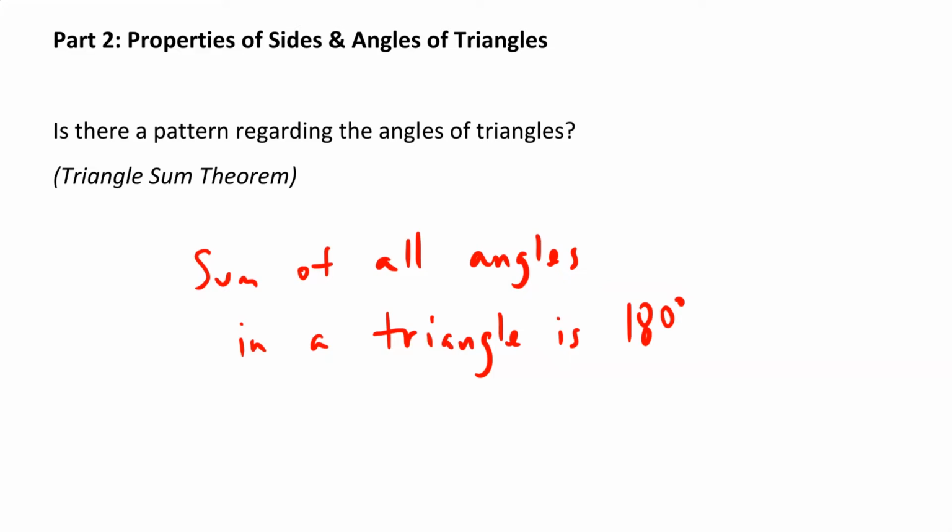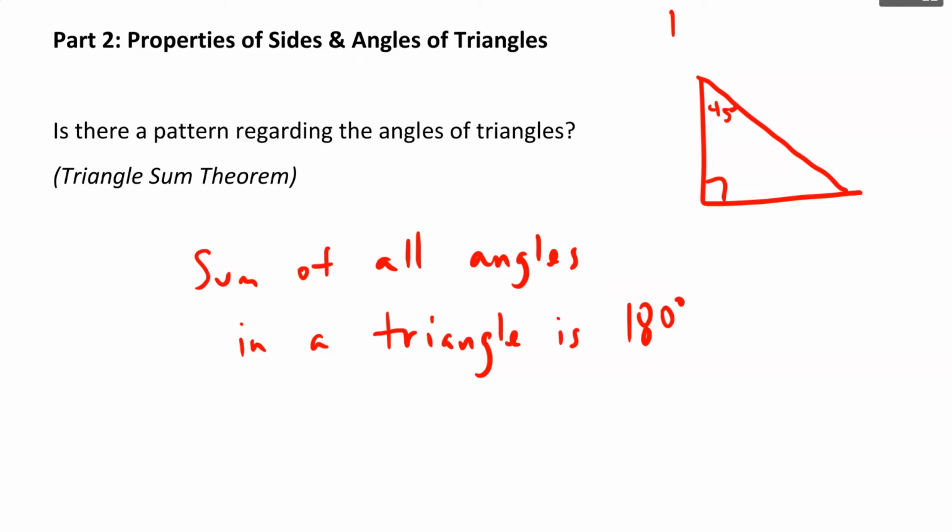And where this comes in handy is that in some triangles they may tell us 2 of the measures, and we can go ahead and find the other measure. So for example, I might have a triangle that looks like this, and they may tell me that one of them is 45 degrees, and they give me a right angle, so I have a 90 and a 45. So I can add 90 plus 45, and then subtract that from 180, and I'll be able to find the measure of the other angle.